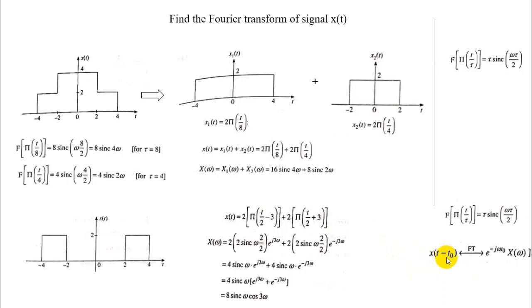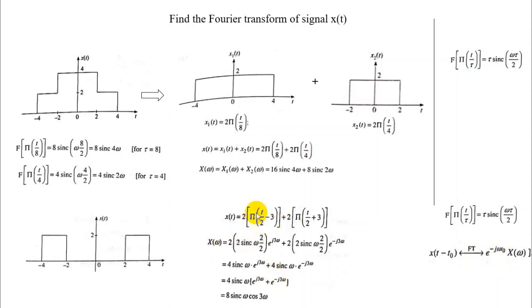If the Fourier transform of x(t) is given by X(omega), then to transform x(t minus t naught), with a time shift of t naught, we just need to multiply X(omega) by e to the power minus j omega t naught, where t naught is the point where the signal has been shifted.